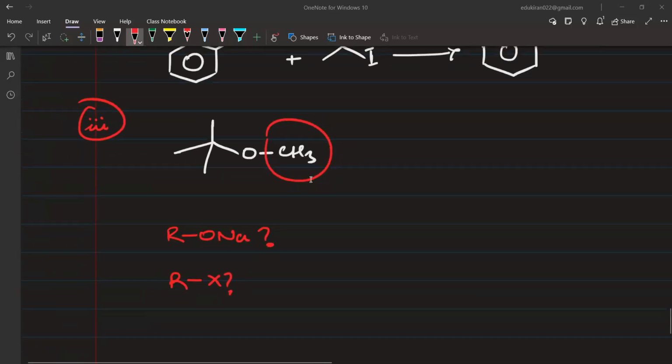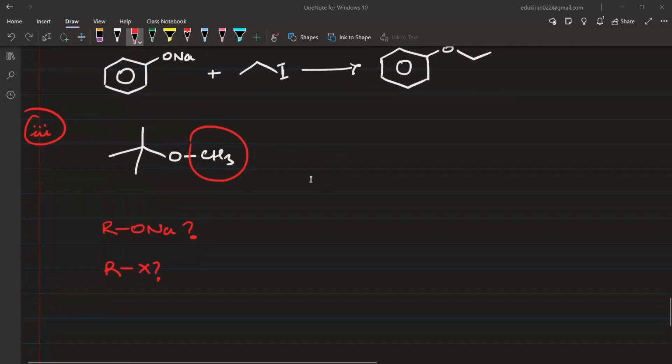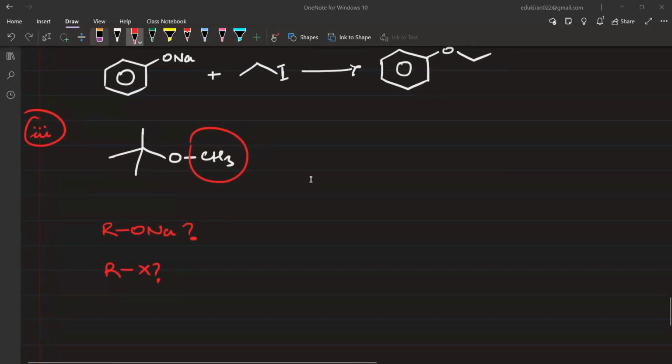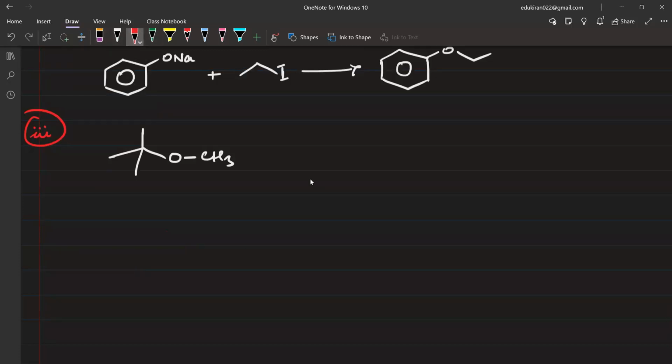Faiza, your answer is wrong. Madiha, you have not answered. Please see how to do this. How to identify? Please see. Identify the degree of the carbon atom. So this is 3 degree. And this is 0 degree or 1 degree, right? You can say 1 degree for 0 degrees also.